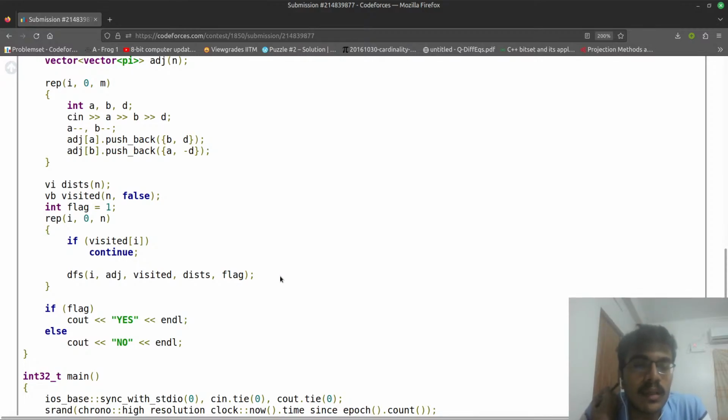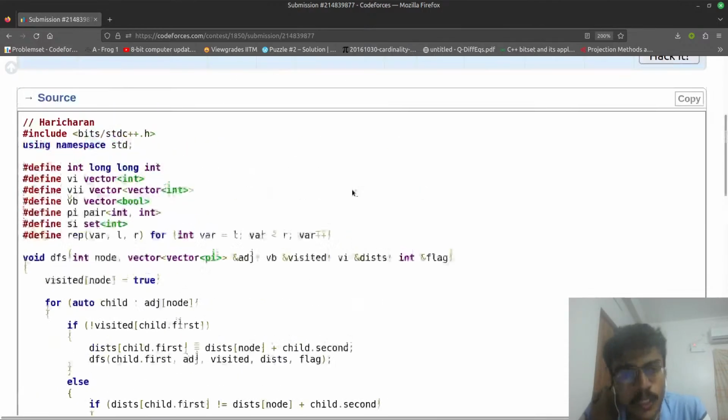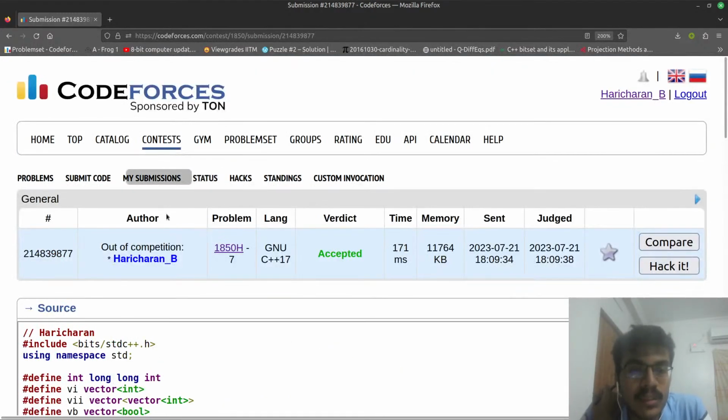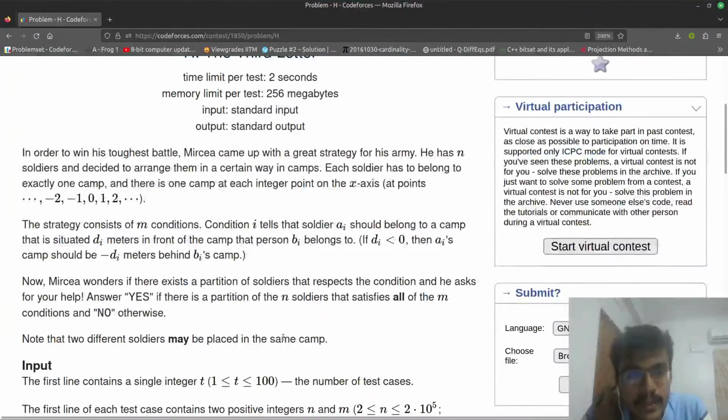So if flag is 1, I'm outputting yes, and if flag is 0, I'm outputting no. But of course, we're not given that the graph is connected, right? So what do you do if the graph is not connected? The advantage is that our camp is infinitely big.